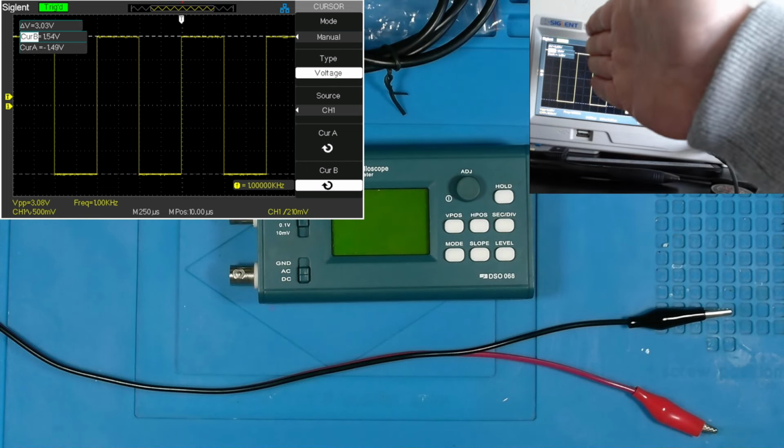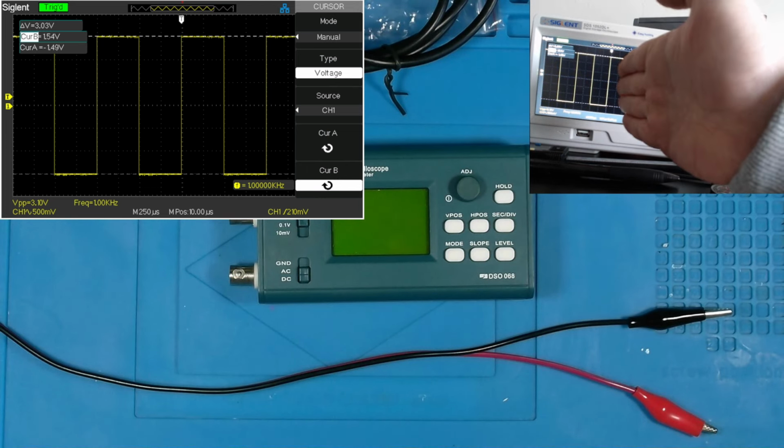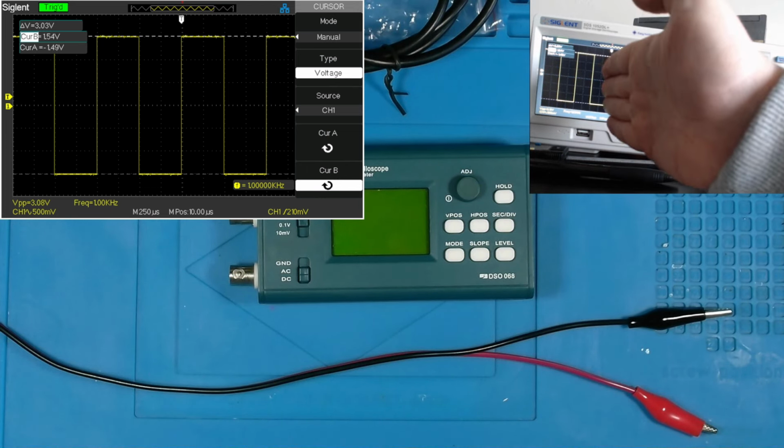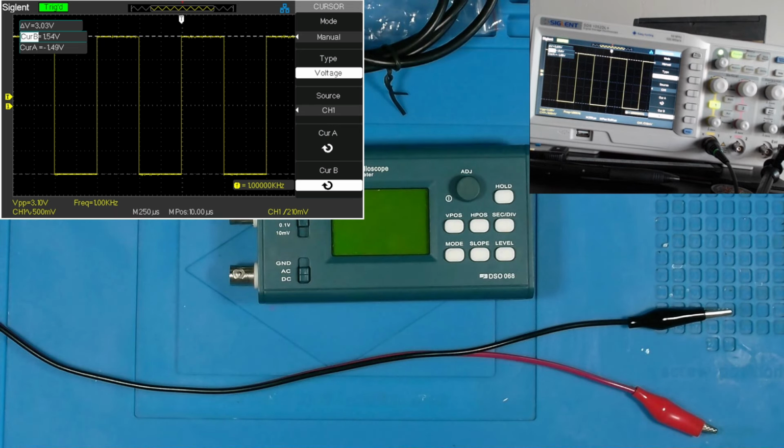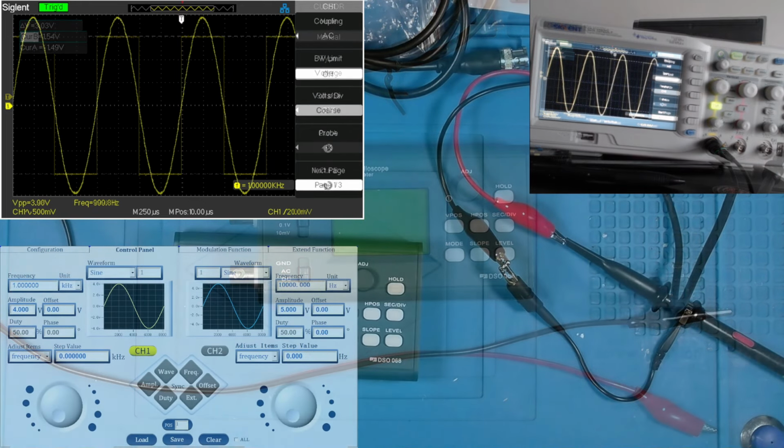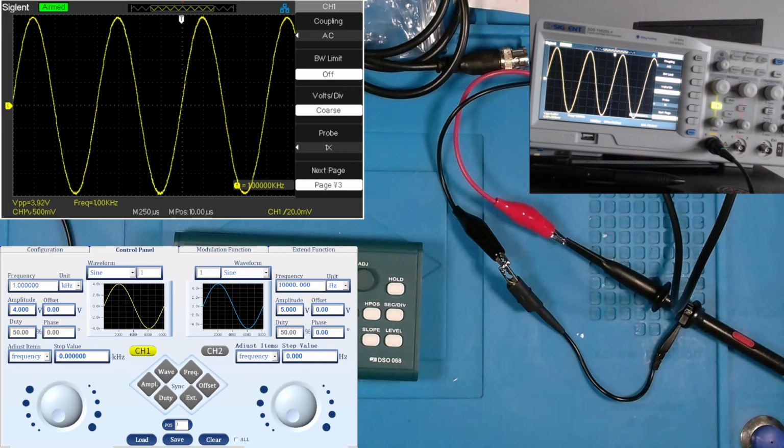So you would measure from either trailing edge to trailing edge or leading edge to leading edge of your waveform and determine the frequency between the different peaks. Hopefully that makes sense. So that's more or less AC voltage and frequency measurements. What else am I going to use an oscilloscope for concerning AC?